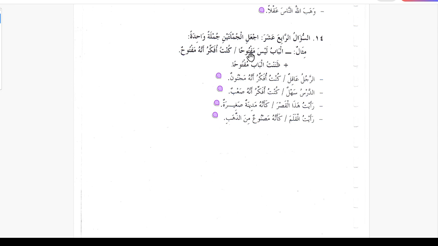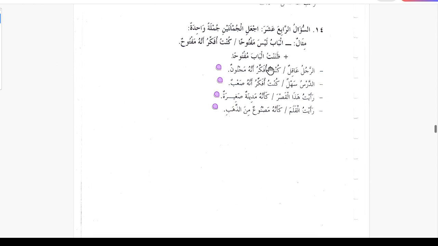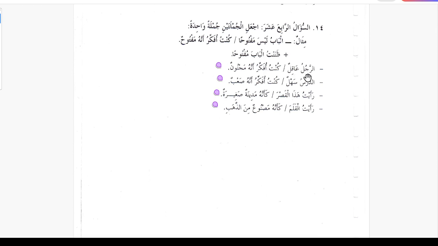So now we converted these two into one sentence. Similarly, next one is ar-rajulu akilun, the man is akil, he's an akil person, possessing brain or intellect. And the other one is saying kuntu ufakkiru annahu majnoonun, he is not akil, he is majnoon, he is a crazy person.